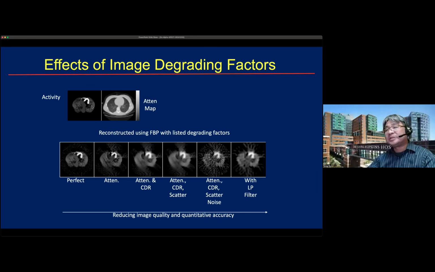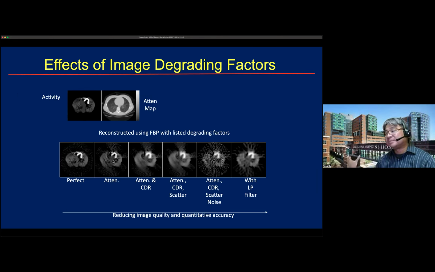There are images on the left showing the activity in the patient's myocardium, and this shows the attenuation map. This is when we don't have any physical factors, and this image is almost identical to the original activity. It's the ideal situation. But when we add attenuation, the image in the center has more attenuation, so we have dark in the center and bright on the edge.